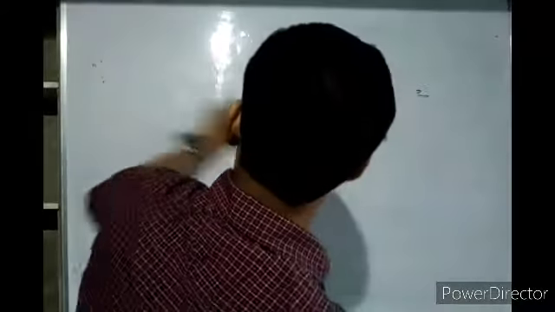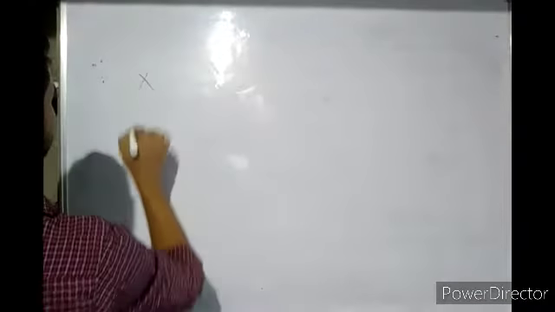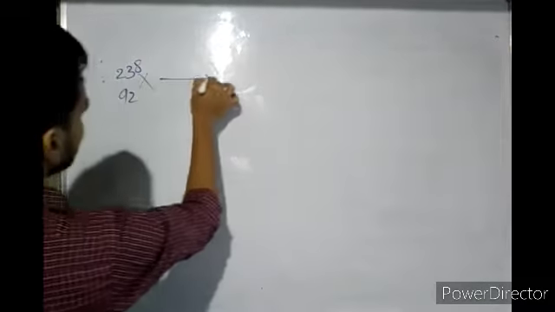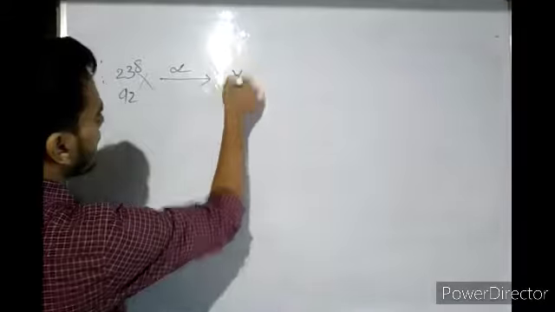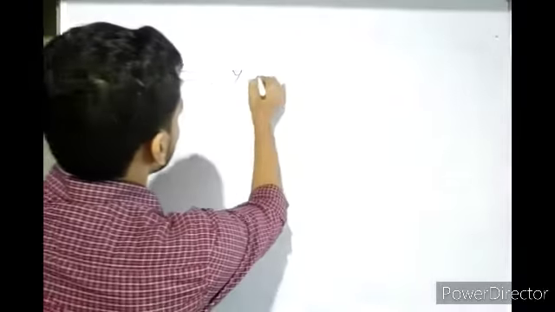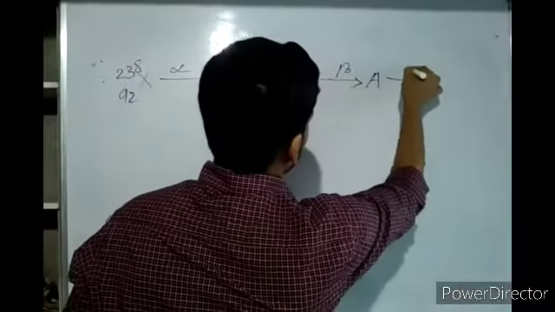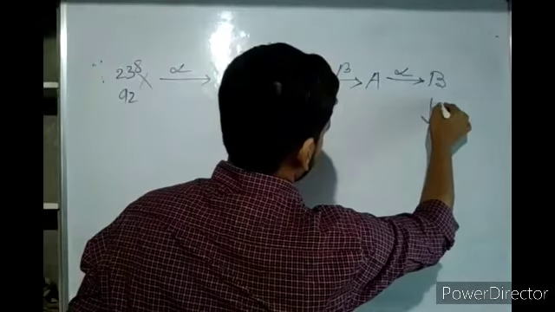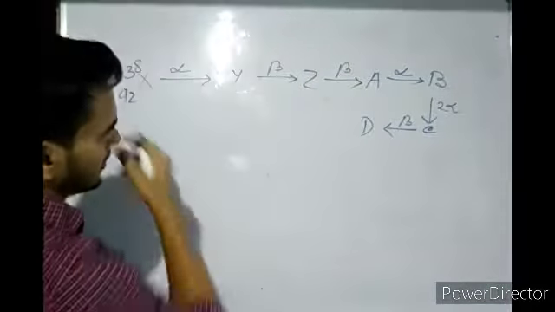Let's take a radioactive series: X (92, 238), alpha, Y, beta, Z, beta, A, alpha, B, 2 alpha, C, beta, D. Let's take this series.